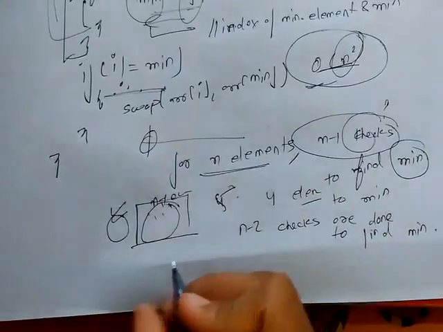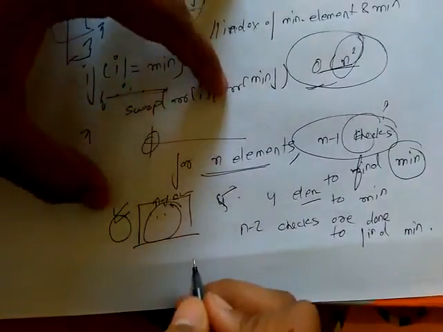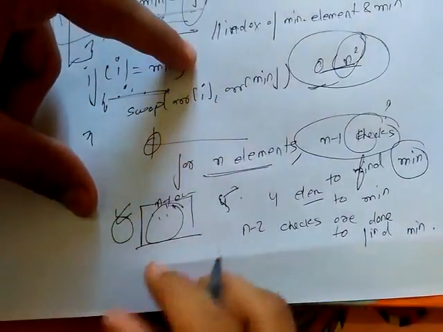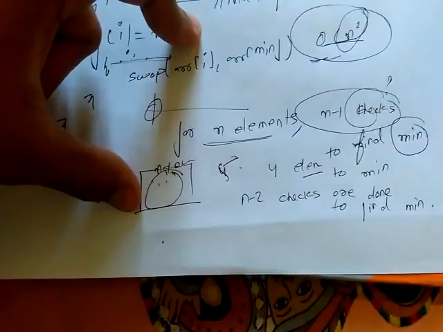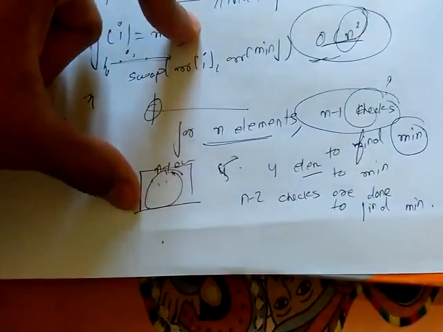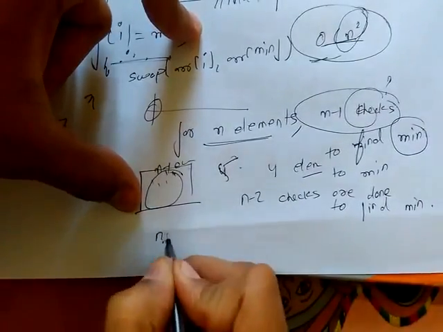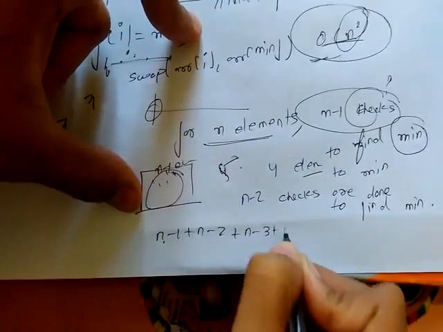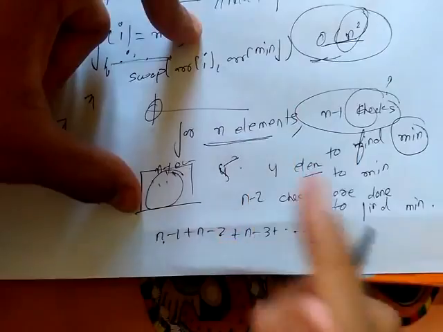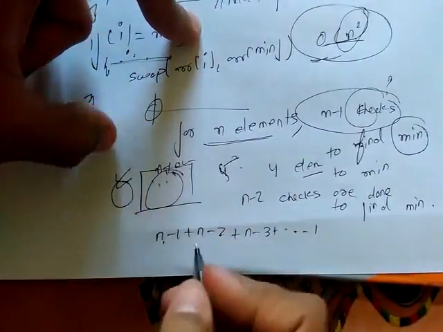Therefore, the complete complexity or time involvement, or number of checks, we can say. Our calculation of the efficiency of the program will depend on the number of checks. So we will have n minus 1 plus n minus 2 plus n minus 3 up to 1, when only 2 elements will be left at the end of the program.